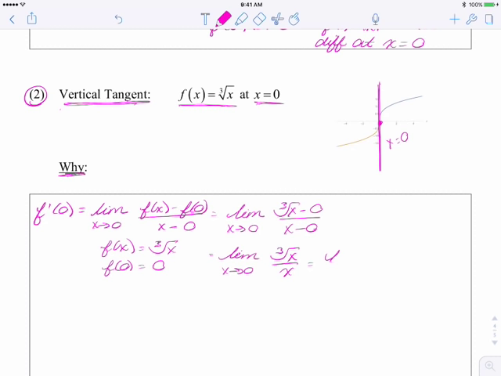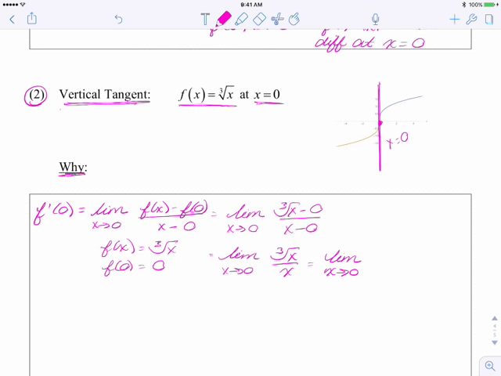Now, this can be reduced. Notice what we have here. We have the cube root of x, which is the same as x to the 1/3 in the numerator, over x in the denominator. We are dividing powers with the same base. When we're dividing powers with the same base, we keep the base, subtract the exponents, and the resulting exponent goes in the spot where the higher exponent was to begin with.